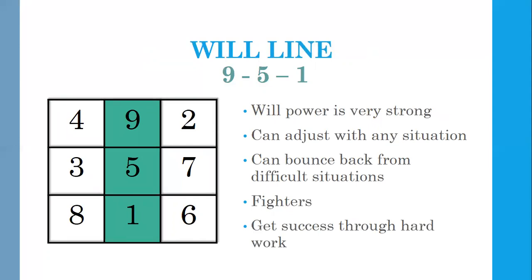They can bounce back from difficult situations. Fighters. So this is a very, very important line, 951. And the number 5 is also very important because it is responsible for so many yogas or lines.